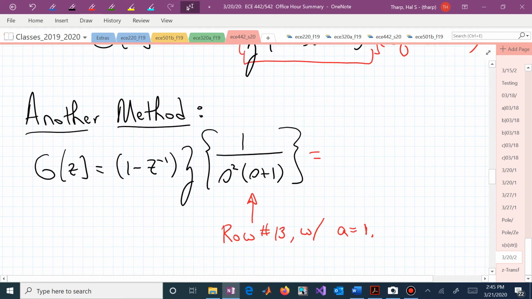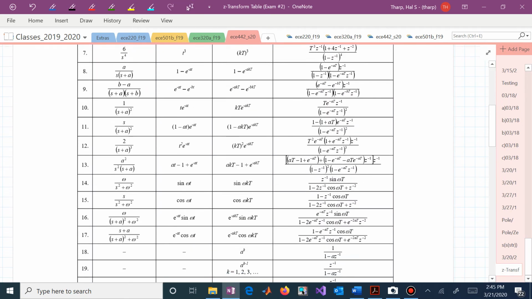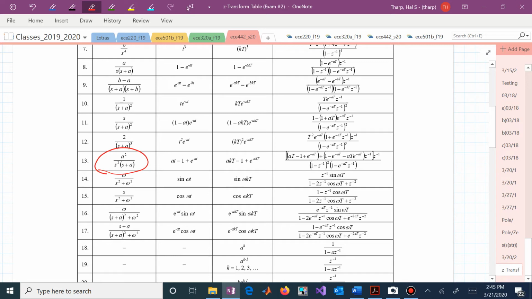Another approach, or another method, would be to, wait a minute, I can actually find, if I go far enough down, look at this.